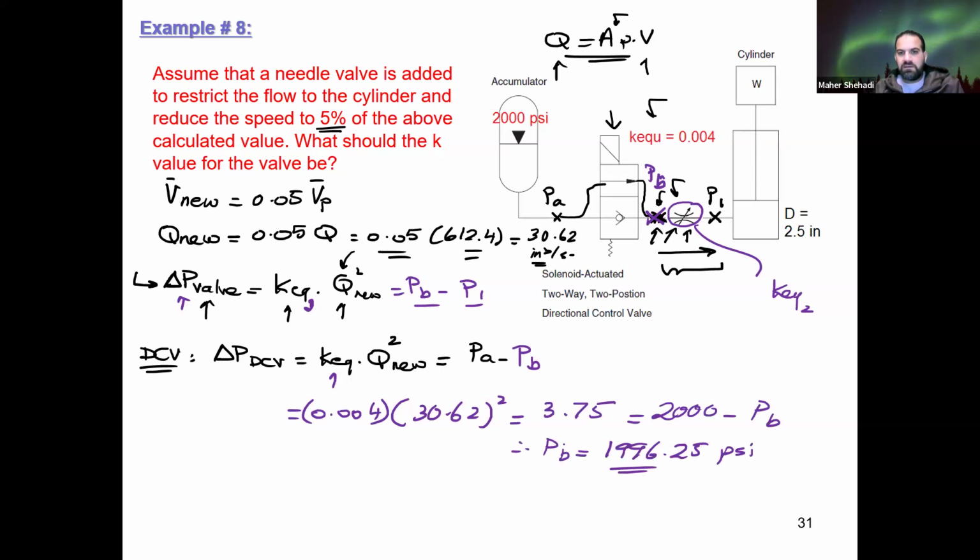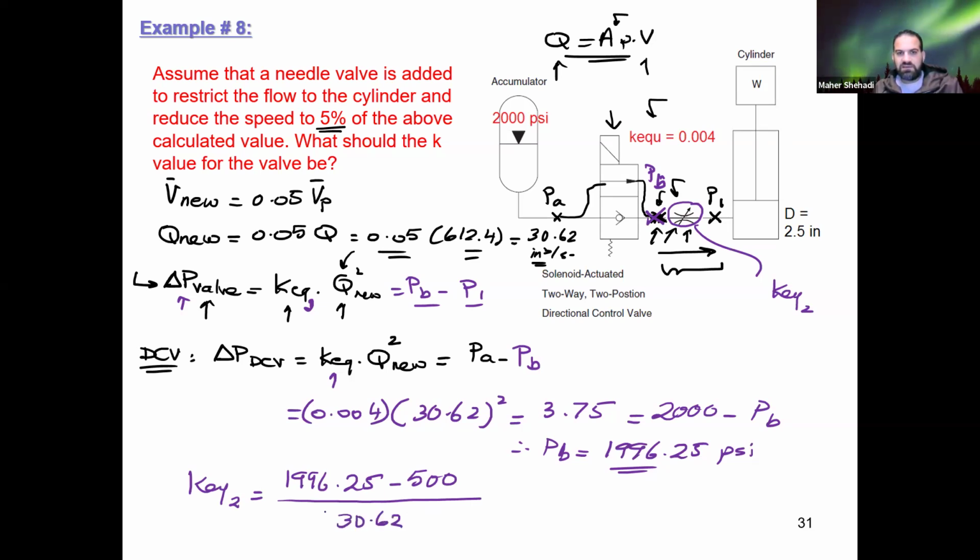Okay? So K equivalent 2 will be PB, 1996.25, minus P1, 500, divided by Q new, 30.62, squared.